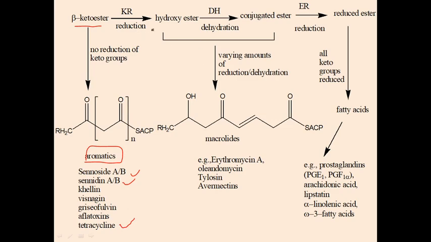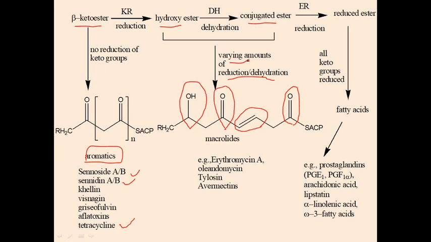And now if the cycle goes like this, if the keto gets reduced to hydroxy, and the hydroxy gets dehydrated to conjugated ester, and there is a varying amount of reduction. In some cases there is dehydration. Then you can see here is a keto, this is ester, and here is an unsaturation, here is a ketone, here is a hydroxy.